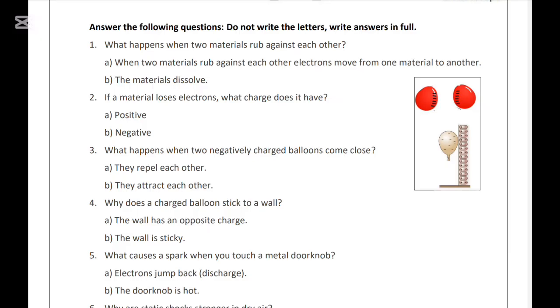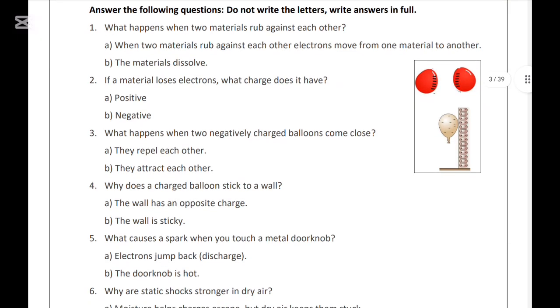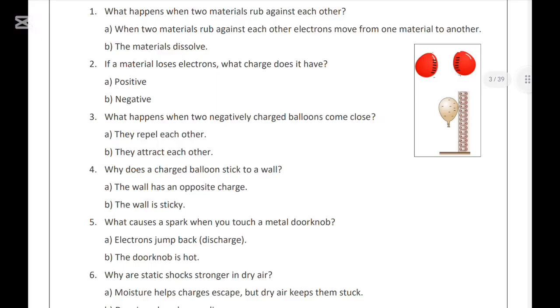When a material gains electrons, it becomes negatively charged. You gotta get the correct answers. The answer is A: when a material loses electrons, it becomes positively charged, and when a material gains electrons, it becomes negatively charged.